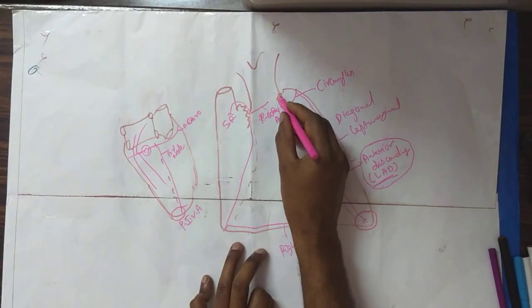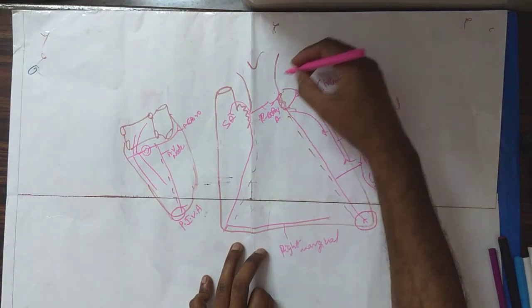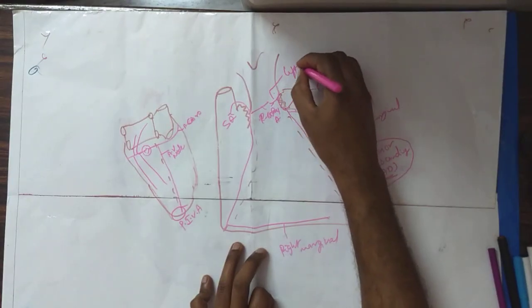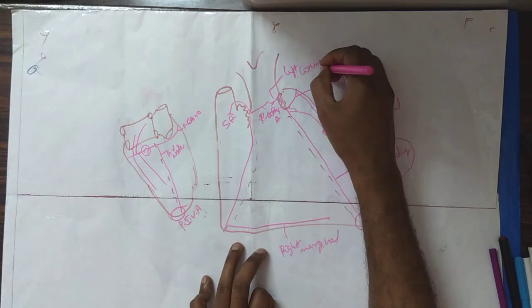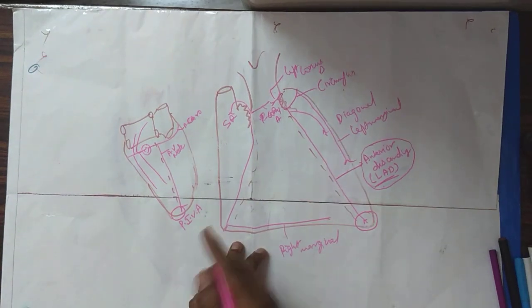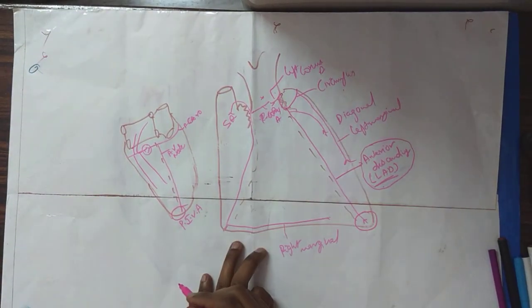Here sometimes you have one more anastomosis. This is your left conus artery, a branch of your left coronary artery, which supplies the infundibulum of your pulmonary trunk.